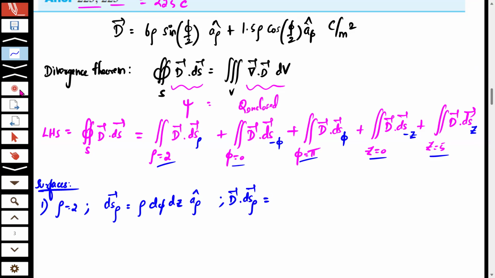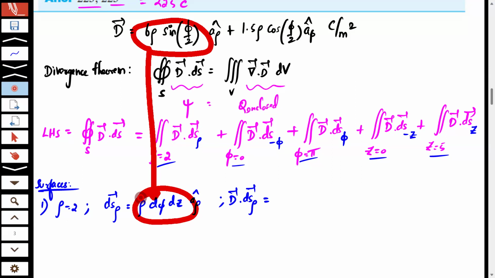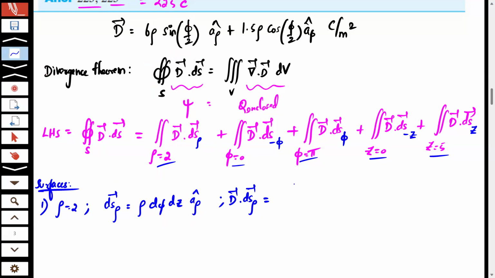The given D vector is 6 rho sin(phi/2) a_rho plus 1.5 rho cos(phi/2) a_phi. This is a rho direction, so we have to multiply the rho component and the rho component here to get D dot dS for this side, which is 6 rho sin(phi/2) multiplied with rho d phi dz. So it will be 6 rho squared sin(phi/2) d phi dz.